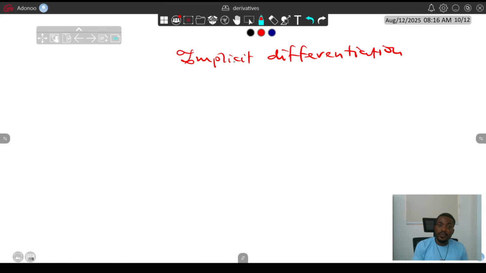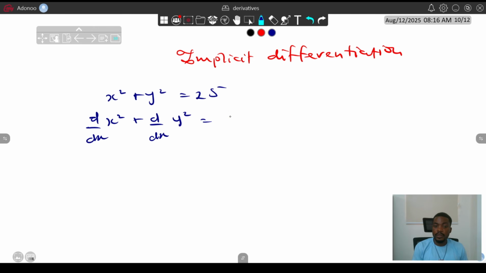So let's take a look at a function like x squared plus y squared equals 25. What we need to do here is differentiate across the function by x. So we find d dx of x squared plus d dx of y squared equals d dx of 25.